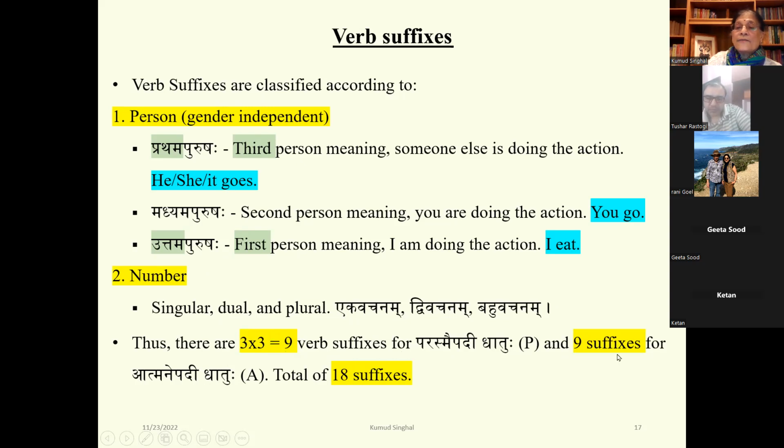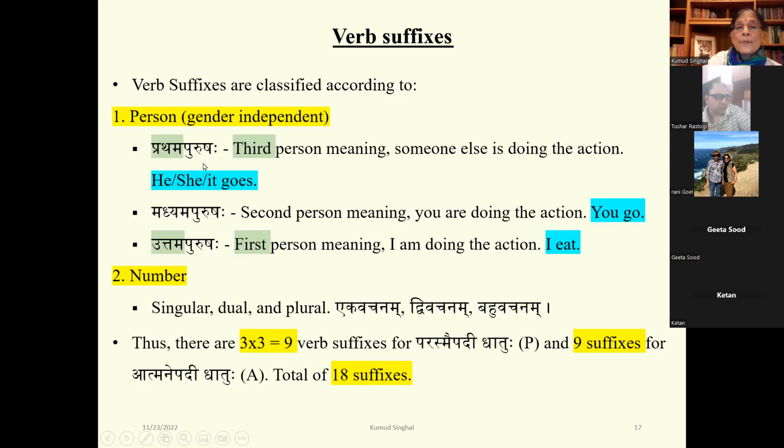dhatuhu, and 9 suffixes for the atmanepadi dhatuhu. So there are a total of 18 suffixes. So the verb suffixes are grouped according to the person, which are 3 in number: prathama purushaha, third person, meaning somebody else is doing the action; madhyama purushaha, second person, meaning you are doing the action; and uttama purushaha, in English it is first person, meaning I am doing the action, and the number singular, dual, and plural.